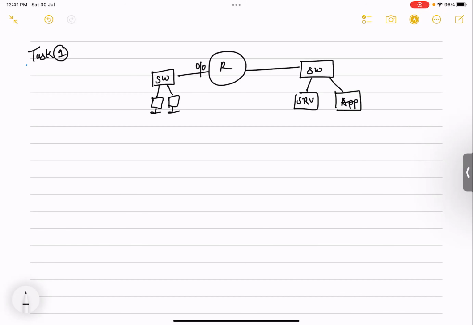This one is 0/0, this one is 0/1. This side we are using 192.168.1.0/24 and 192.168.2.0/24. Any idea in this concept? Do we need to perform routing? No need to perform routing because it is directly connected. Yes, it's a directly connected design.